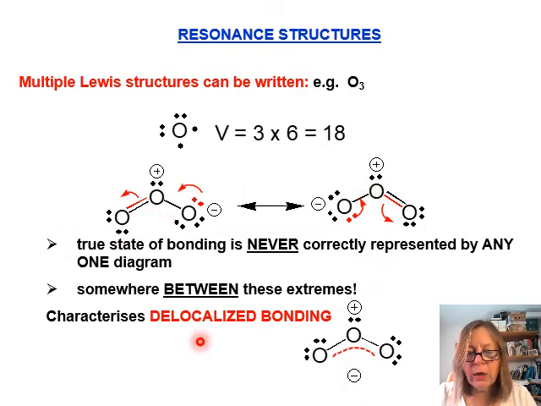This is called delocalized bonding, meaning that the electrons are constantly moving between the 2 oxygens. This is actually extremely stabilizing for the molecule. Altogether, we can say that the oxygen-oxygen bonds are equivalent to 3/2 bonds.